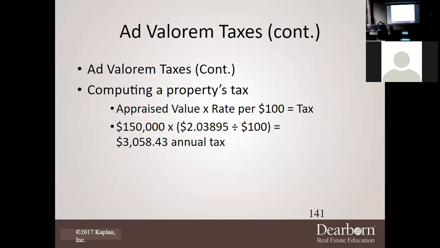Computing a property tax: the appraised value times the rate per 100 equals the tax. So if, Mr. Eugene, your house is $150,000, and there is a rate of $2.03, they're going to take that, divide it by every 100, and you're going to pay annually $3,058.43.